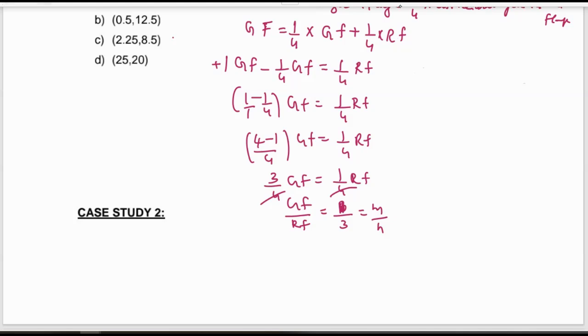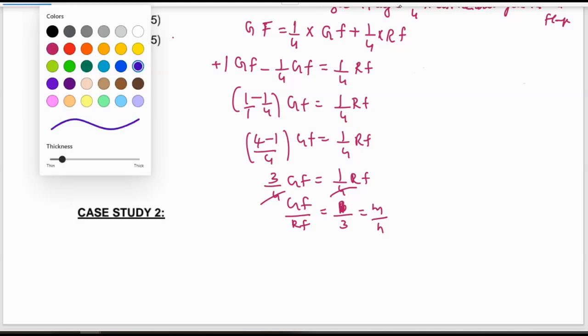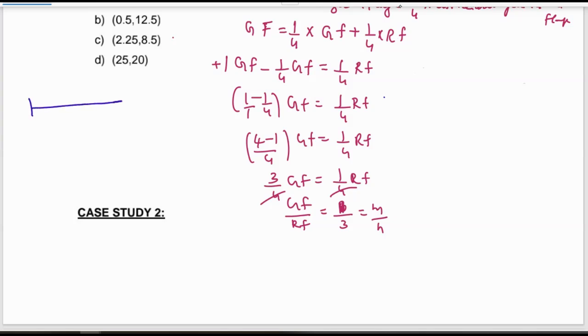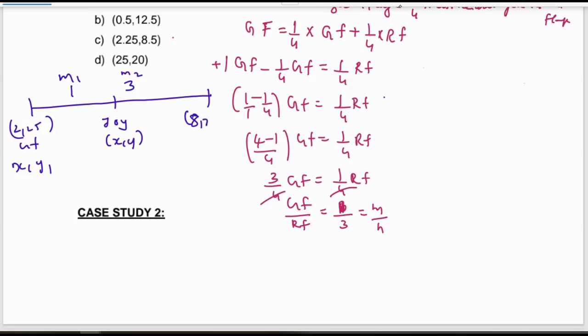So here the ratio is 1 is to 3, and for Joy we have x comma y to find, that is m is to n, or we can write m1 m2 also. Then here 2 comma 25, that is the green flag, will be x1 y1, and then 8 comma 20 will be x2 y2, that is the red flag.